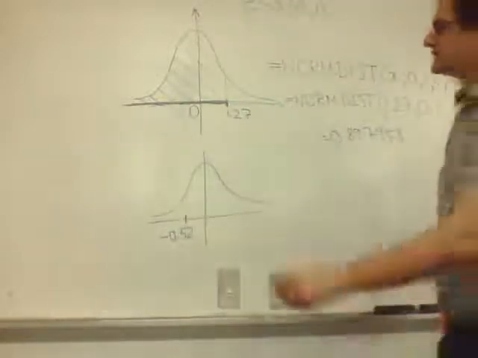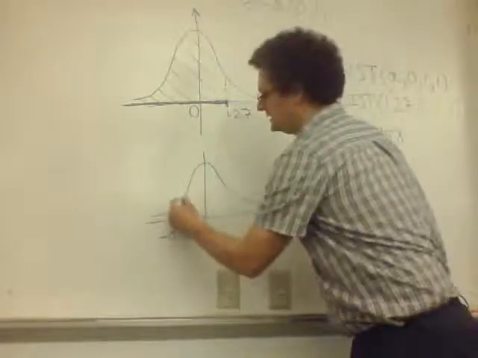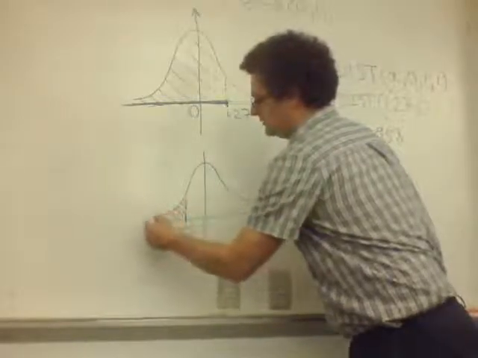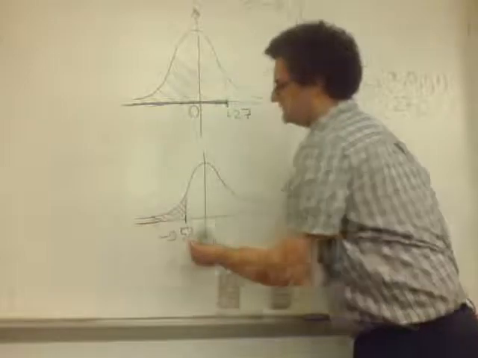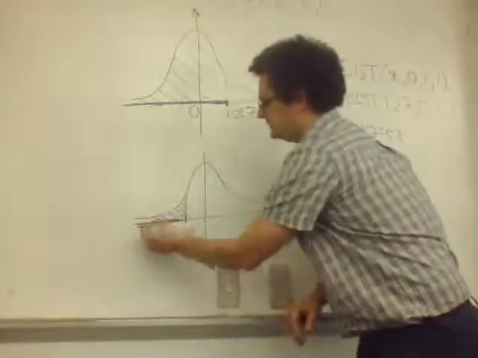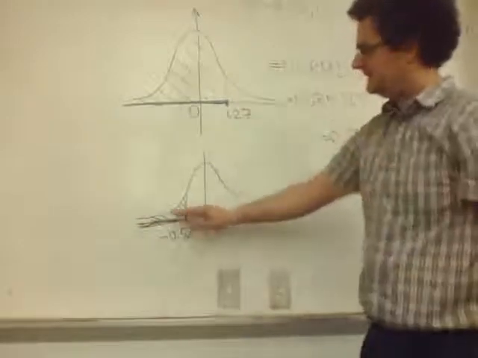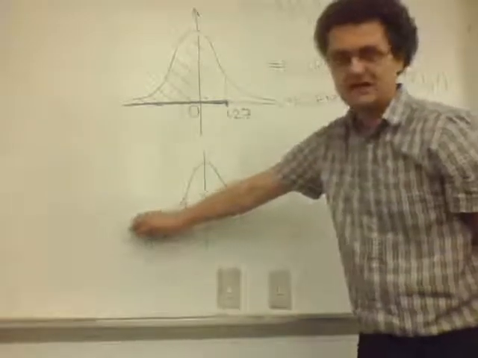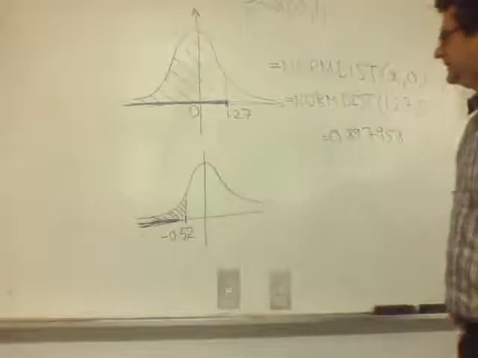Okay, so now the question is, what's the probability of the random variable falling below this value? So that means you need to find this area here, this small area.